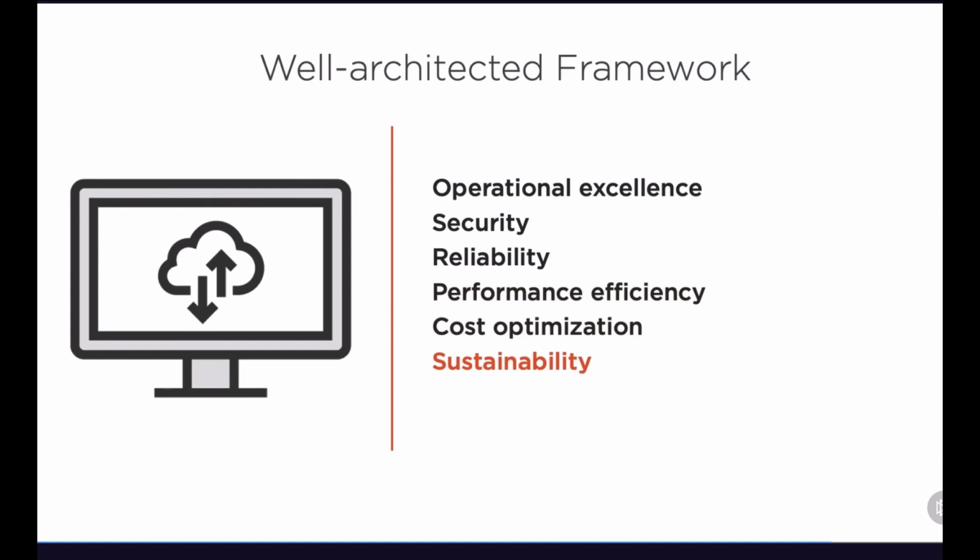It is important that we can continue to use our cloud services and therefore sustainability is important as well. So this is how, for example, a good cloud implementation should work. It works operationally, securely, reliably, for example.